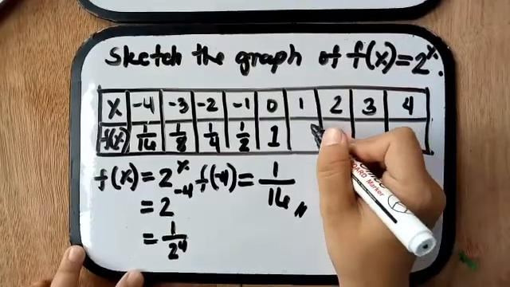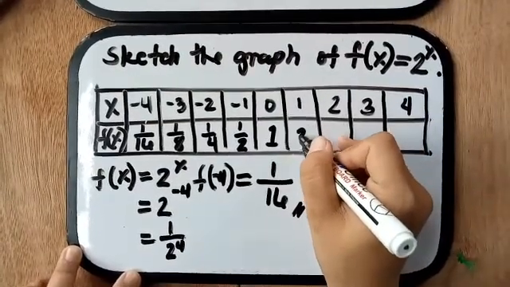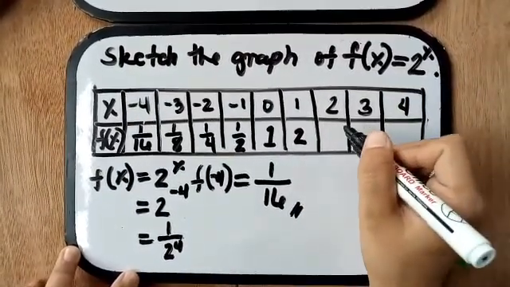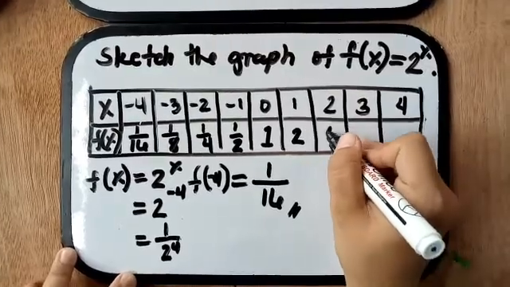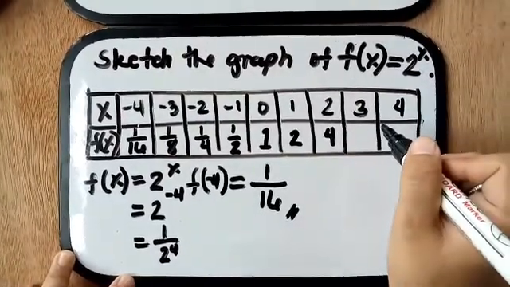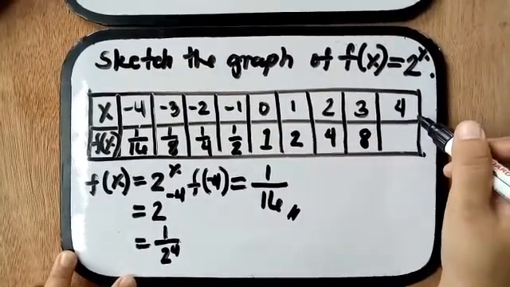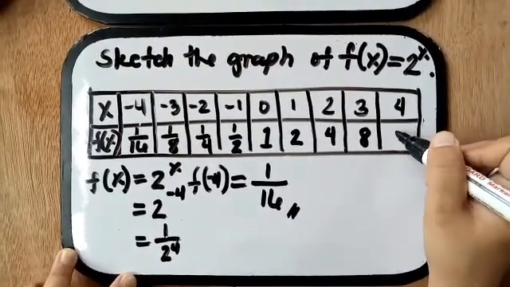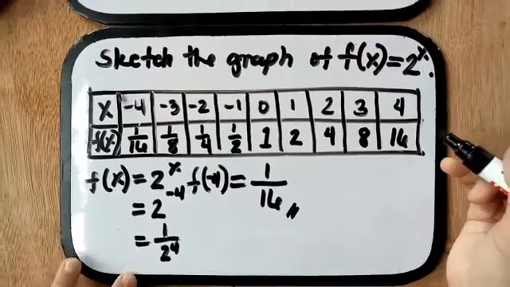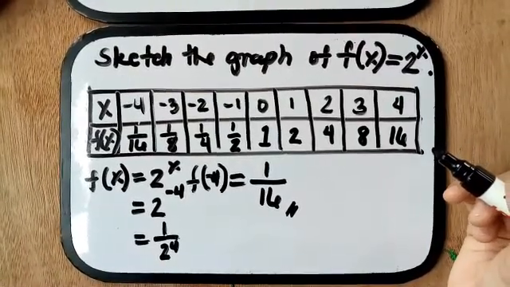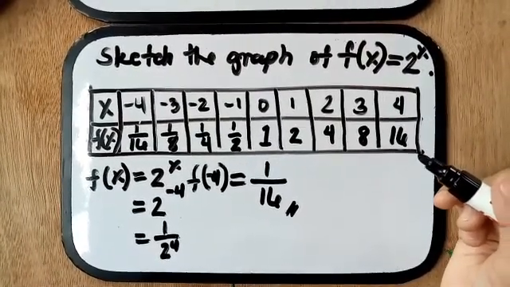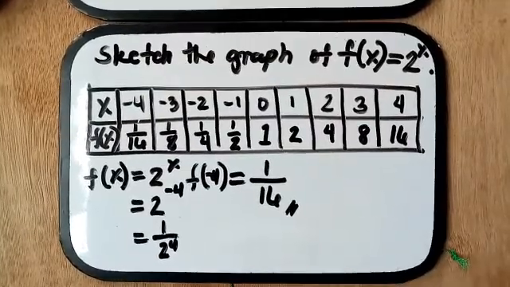If x is 1, f of x will become 2. If x is equal to 2, it is equal to 4. If x equals 3, that is 8. And if x is equal to positive 4, it will become 16. Okay, so that is the first step. We already constructed a table of values.